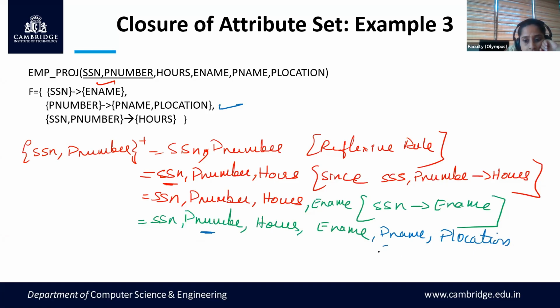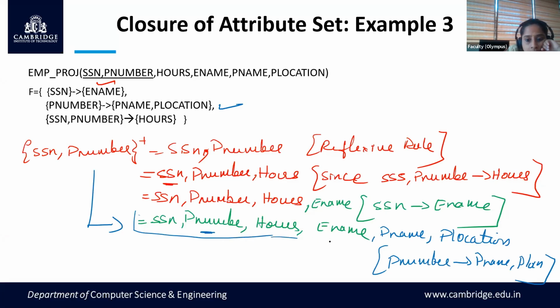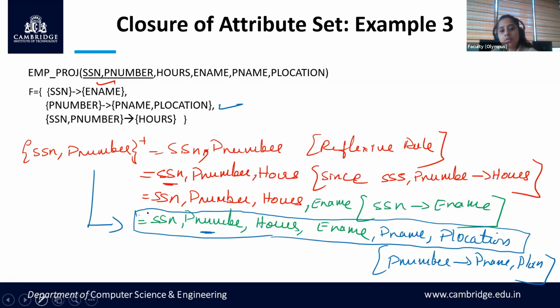By using what FD have I done this? P number tends to P name, comma, P location. So what is my final FD? This is my final closure property for SSN, comma, P number.